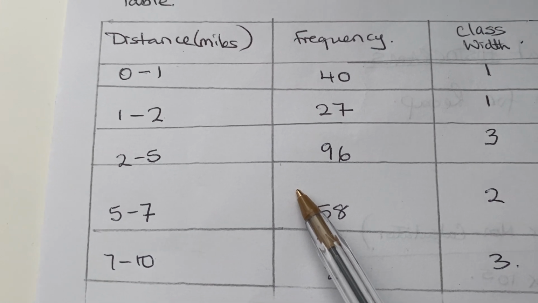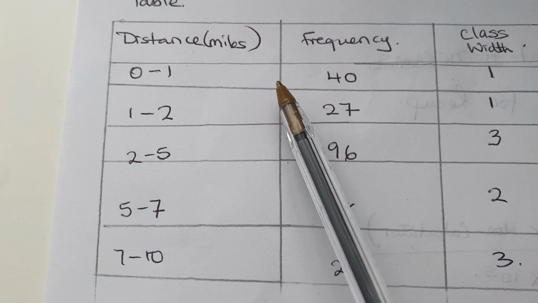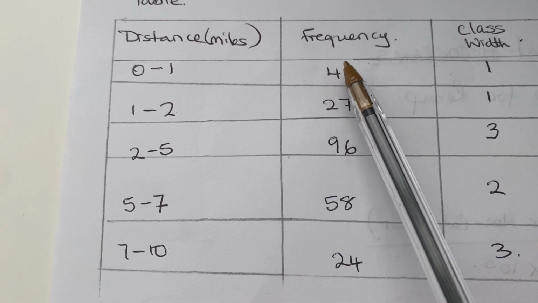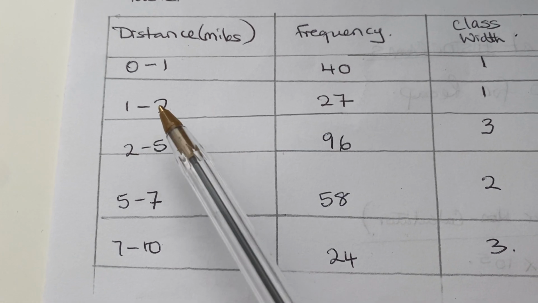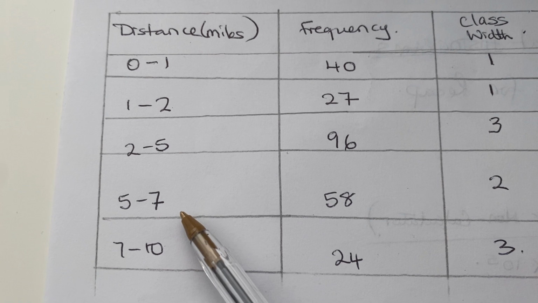But this is the table. If you look at the table properly, I have the distance, I have the frequency. Look, it's 2 to 5 miles. I don't have equal intervals.